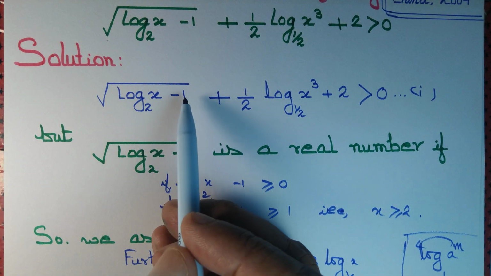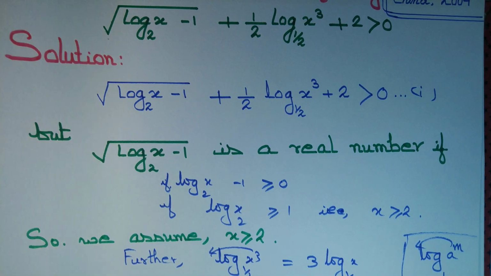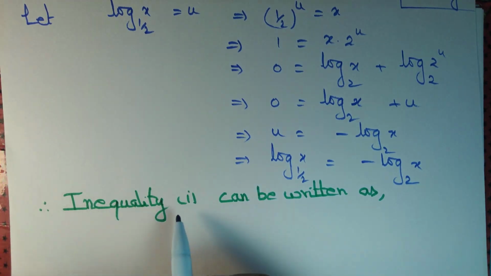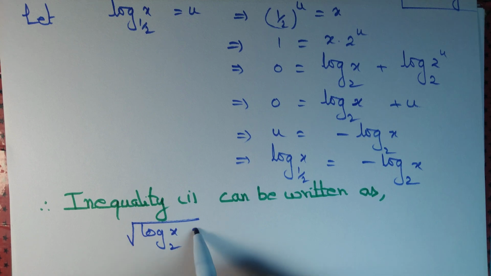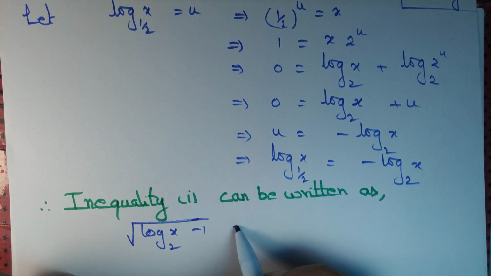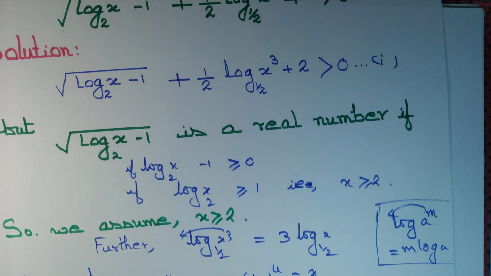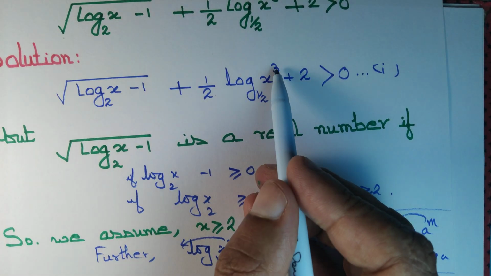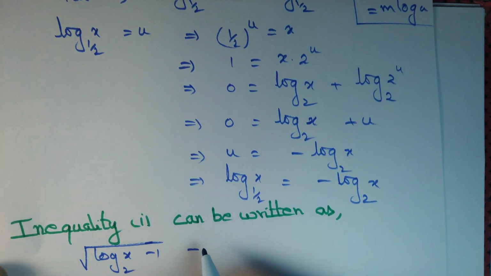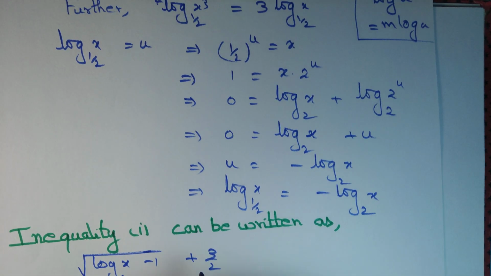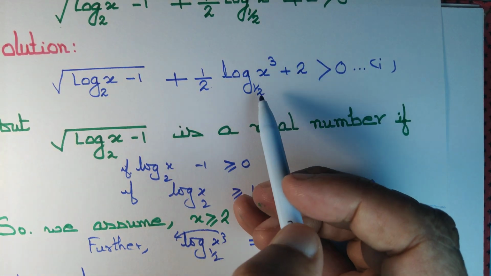Now we can write inequality 1 as: square root of log of x with base 2 minus 1, we copy as it is. Then 1 by 2 log of x cubed, that's equal to 3 by 2 log of x with base half.